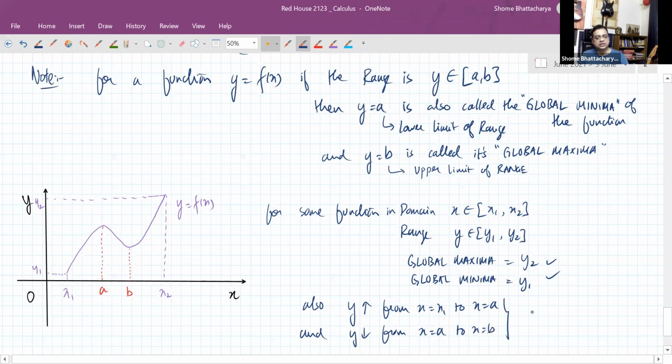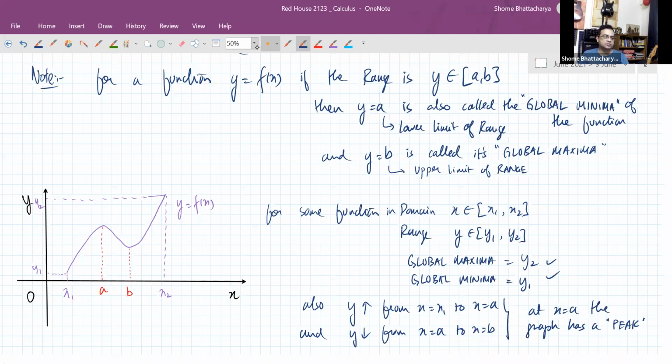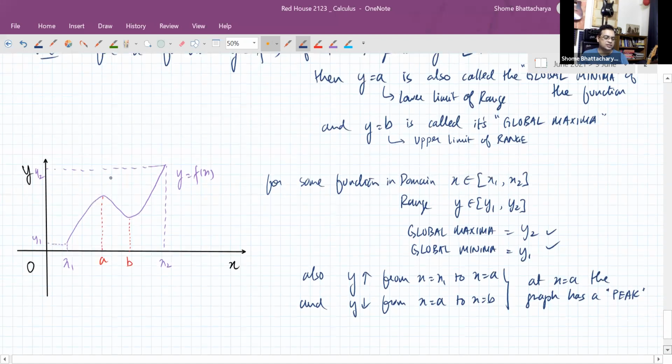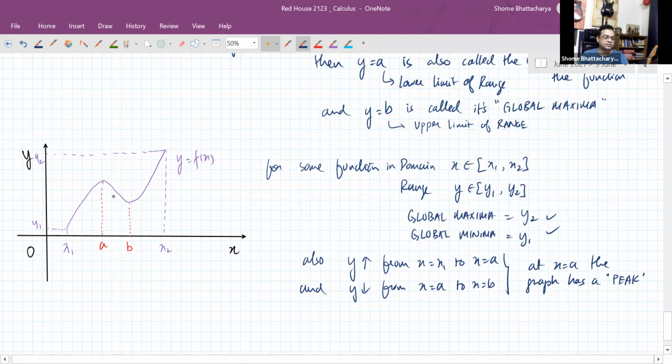So what this shows us is that at the point x equal to a, the graph of the function has a peak point in its shape. Such a point where it has a peak is called a local maxima, because within a localized set of values, the function has reached a maximum. You can see clearly from the graph that this value of the function, whatever the y coordinate is at a, is not the global maxima because its value is less than this.